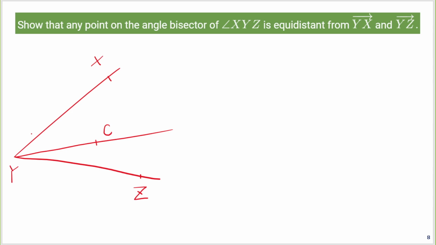Can you prove that C is equidistant from YX and YZ, which means if you draw a perpendicular line here, let's call this point Q, and draw another perpendicular line here, CP is perpendicular to XY. If YC is the angle bisector of XYZ, can you prove CP equals CQ?